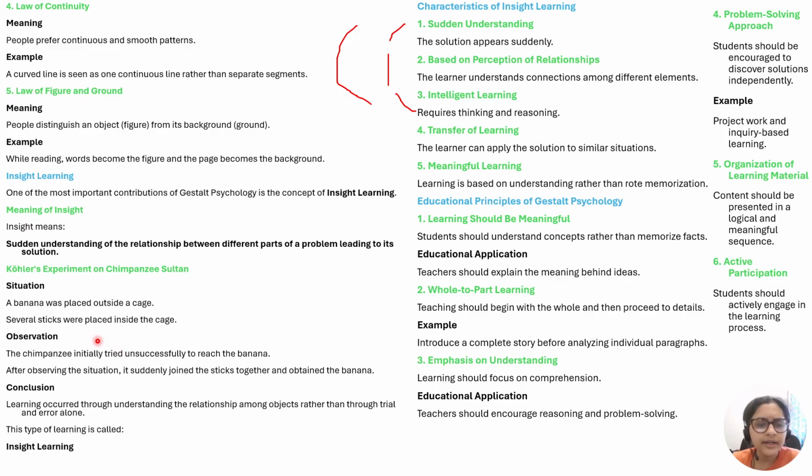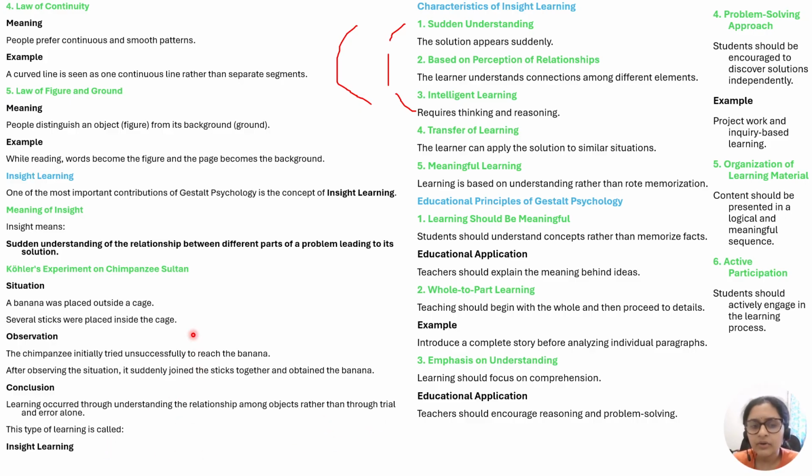A banana was placed outside a cage and several sticks were placed inside the cage. The chimpanzee initially tried unsuccessfully to reach the banana. After observing the situation, it joined the sticks together, pulled the banana inside and took it. Learning occurs through understanding the relationship among objects rather than trial and error.